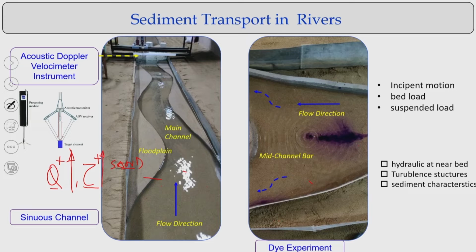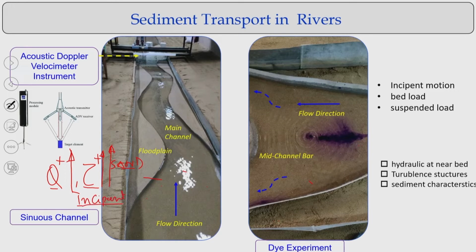At a particular instance, as the shear stress increases, we can observe that the sediment particles lying in the channel start to move. That is what is called incipient motion.